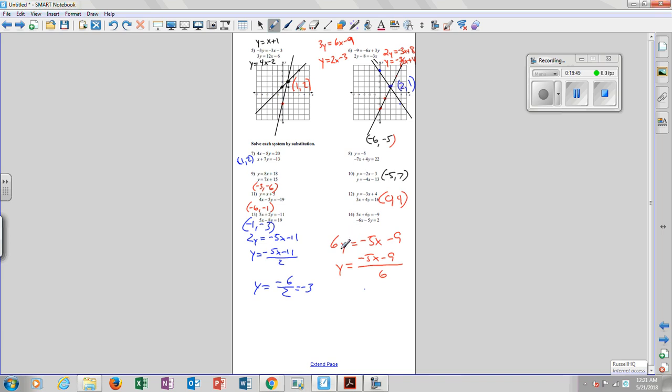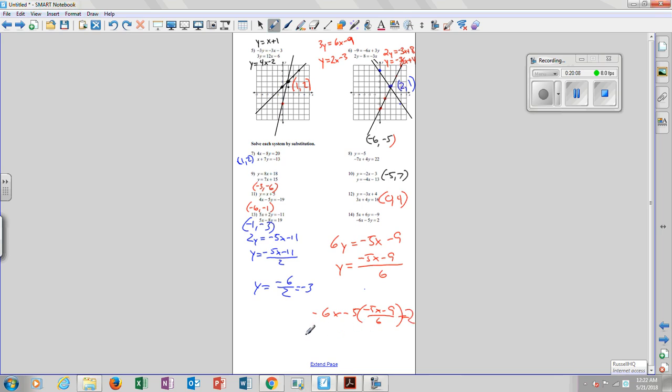Plug that in here. I get negative 6x minus 5 times negative 5x minus 9 over 6 equals 2.